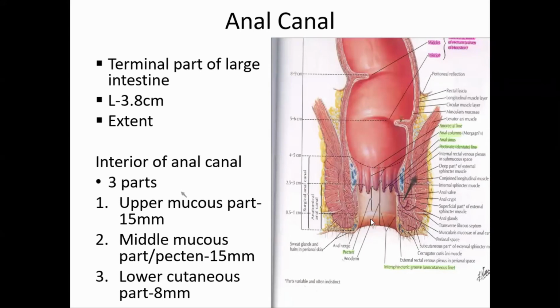The lower part is the cutaneous part, and it is about 8 millimeters. So 15 millimeters, 15 millimeters, and 8 millimeters.